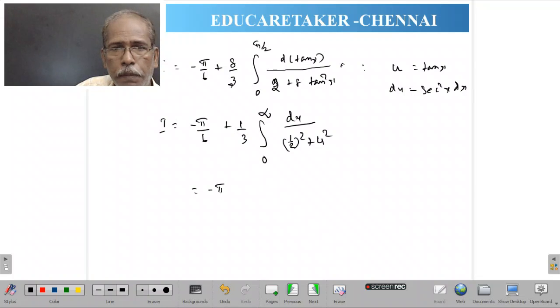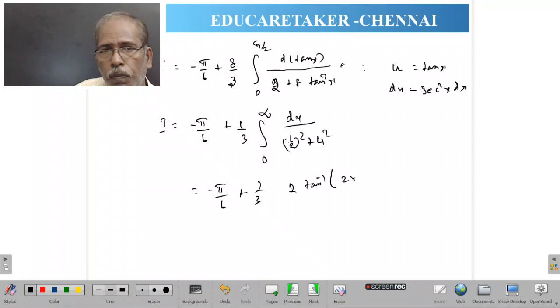Then minus pi by 6 plus 1 by 3. Integral of this is 1 by 8 tan inverse of 2u, from 0 to infinity. Okay. Then minus pi by 6 plus 2 by 3.